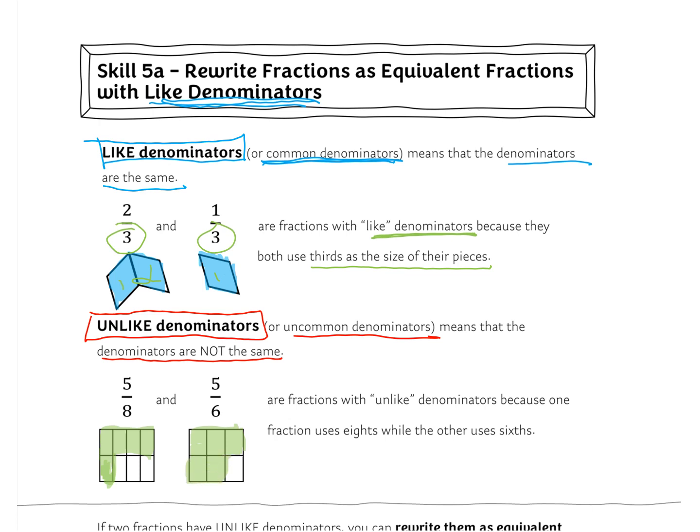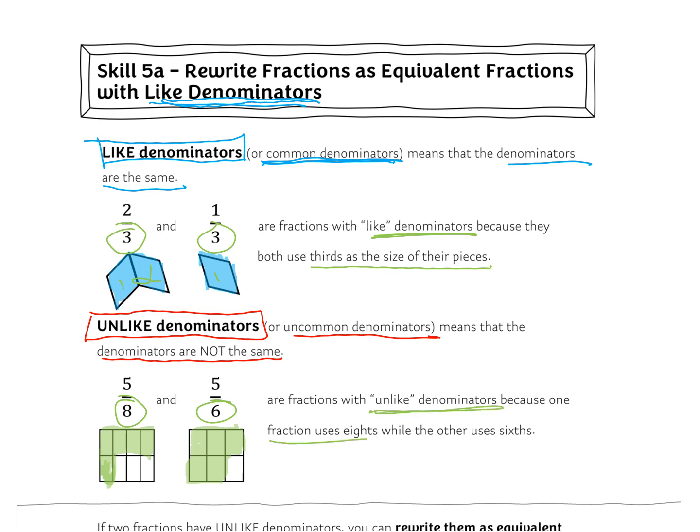There we go. Looking at these fractions, although they're both fractions and the numerators both have 5, they have unlike denominators. 5/8 is cut into eighths and 5/6 is cut into sixths. So these are fractions with unlike denominators.